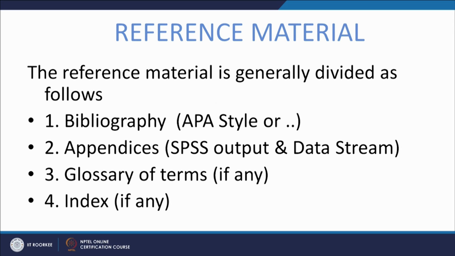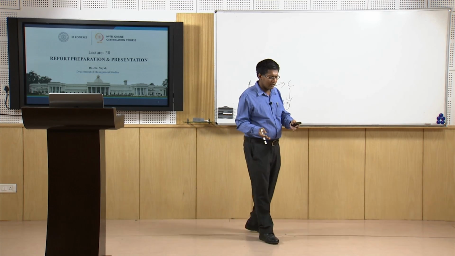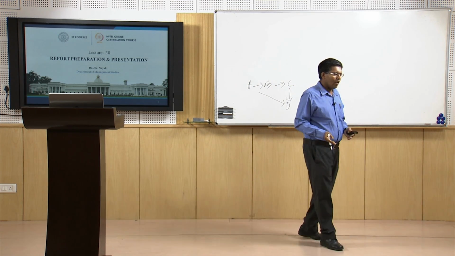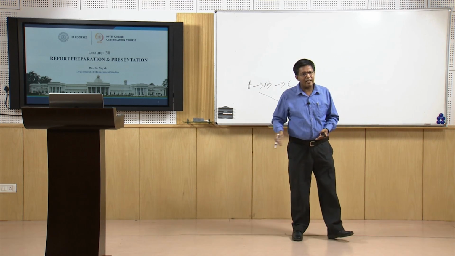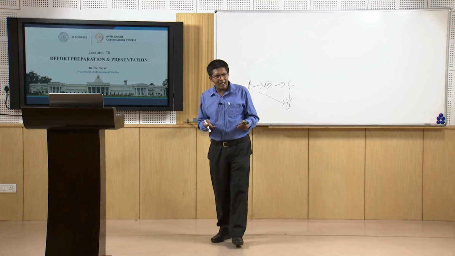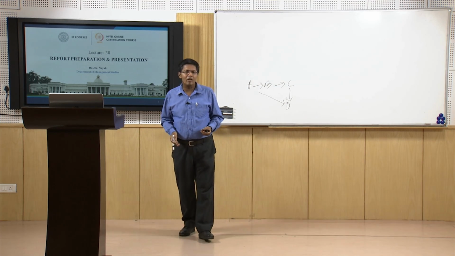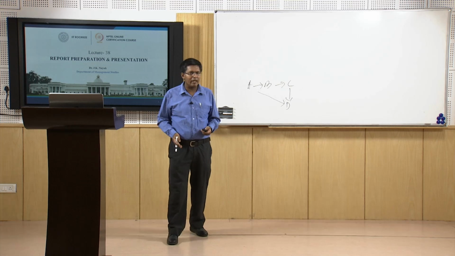So, finally the reference material. The reference material is generally divided as the bibliography. So, what kind of style are you using? If you are following a particular style, let us say the American Psychological Association style, APA style we say, then you have to follow the entire study that way, right, or the Harvard style, some other style. Whatever style you are following, the same style has to be followed across the research report, otherwise it is not well taken, okay.